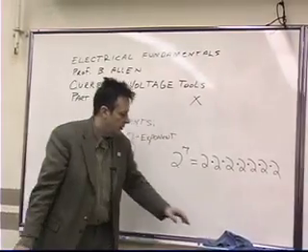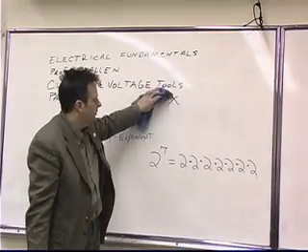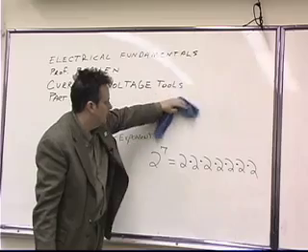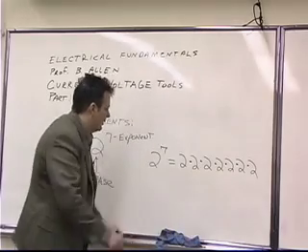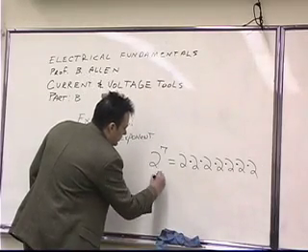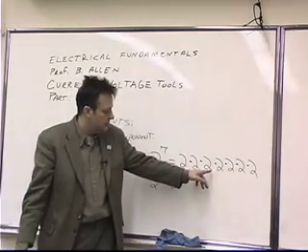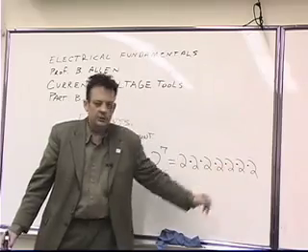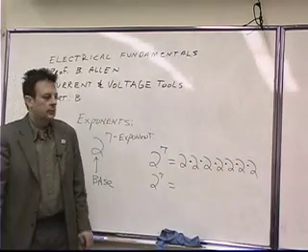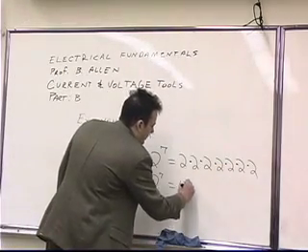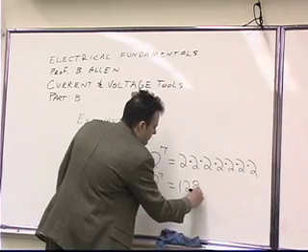And so we use dots to indicate multiplication. Okay, so who can tell me what 2 to the 7th power is equal to? What's 2 times 2 times 2 times 2 times 2 times 2 times 2? That is 128.